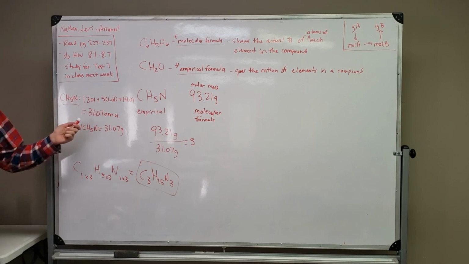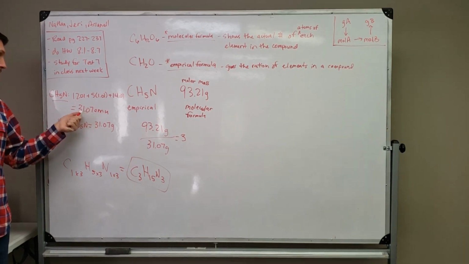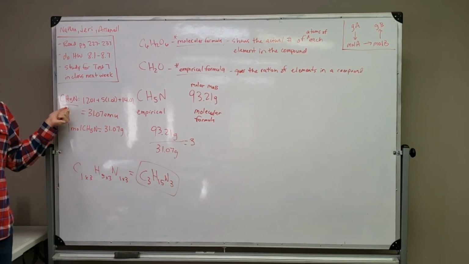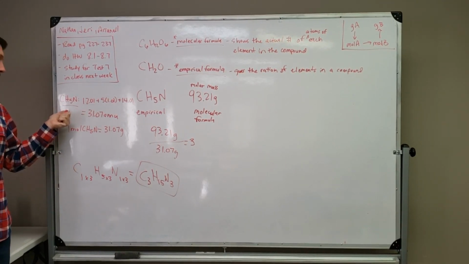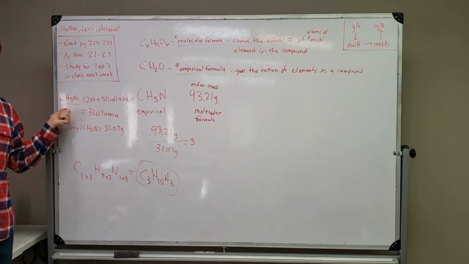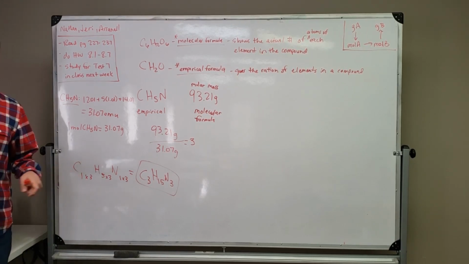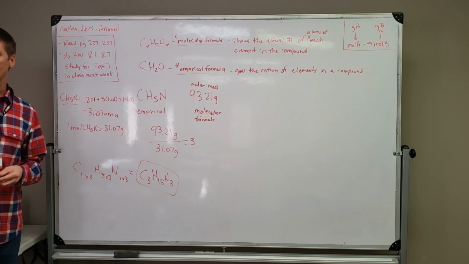But you won't ever get a bigger number here, right? Because this is the formula for the compound in simpler terms. It's going to have a lower mass because there's going to be either the same number of atoms or fewer atoms, right? So it'll always have a lower mass. All right, any questions about that before we move on to our last topic?